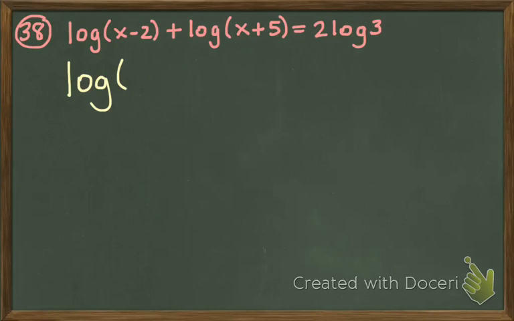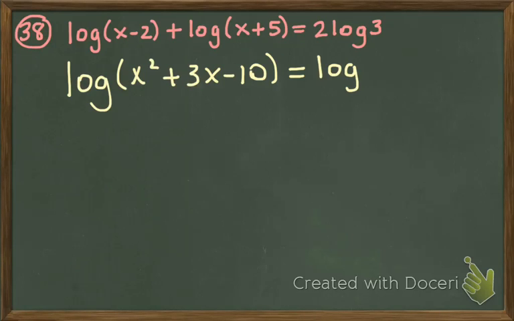So we're going to do x squared plus 3x minus 10 when we multiply those two together. And then on the right we have a coefficient, which means I can apply the power rule, which would give me the log of 3 squared, which is 9. So then we can apply the one-to-one property, because now I have a log of something on the left equals the log of the same base of something else on the right.